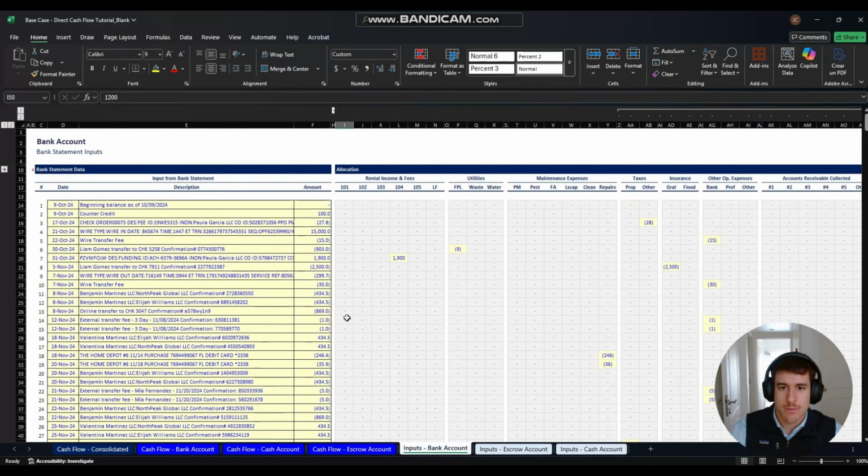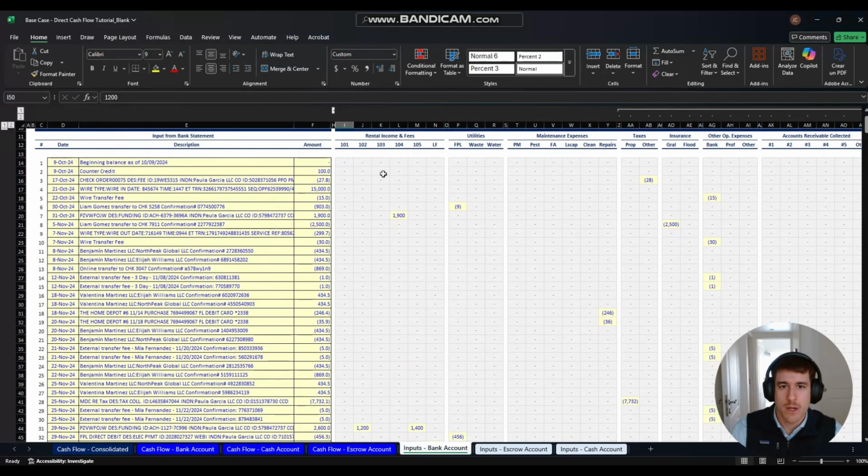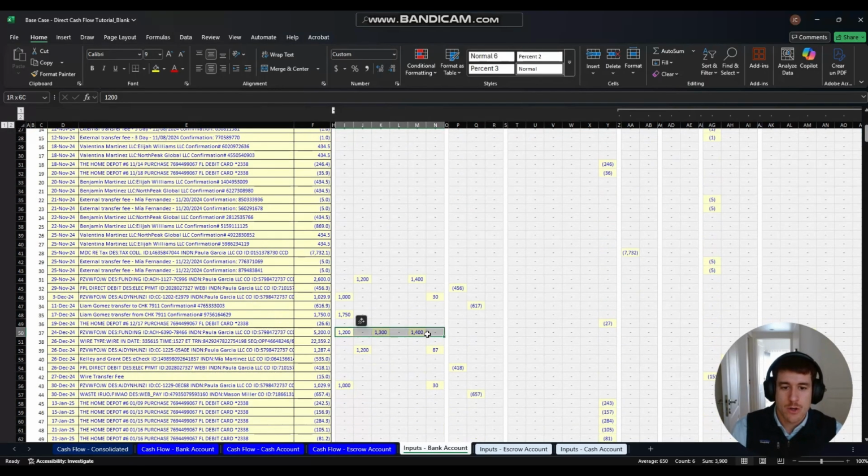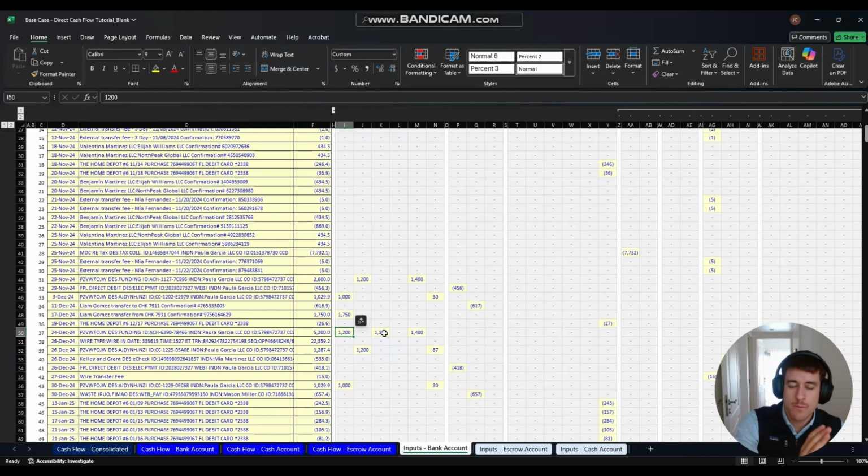So it's the rental from unit 101, unit 103, and unit 105, right? So keeping separate columns that we can allocate the amount to gives us that flexibility.